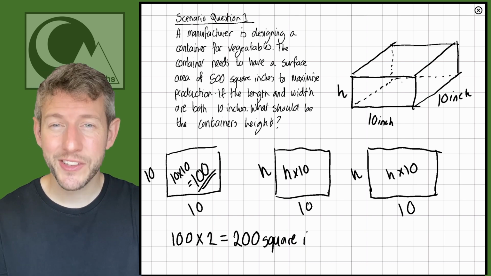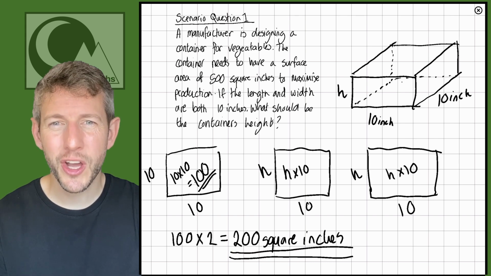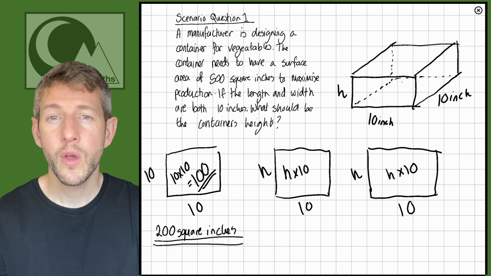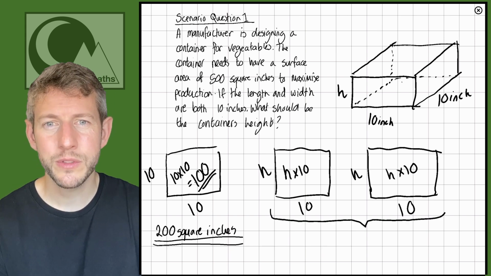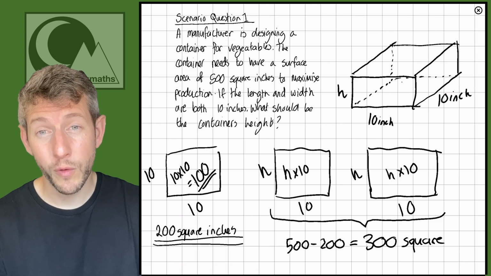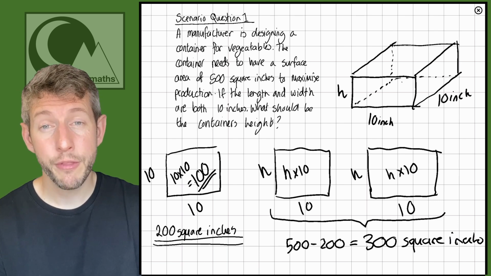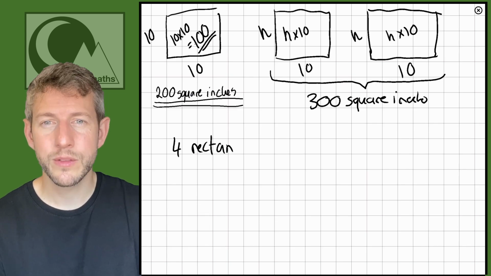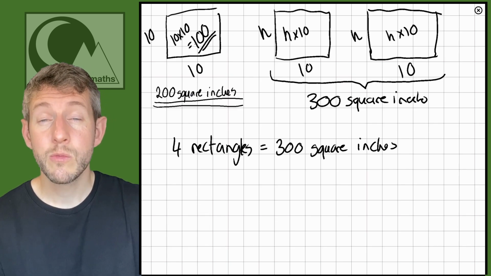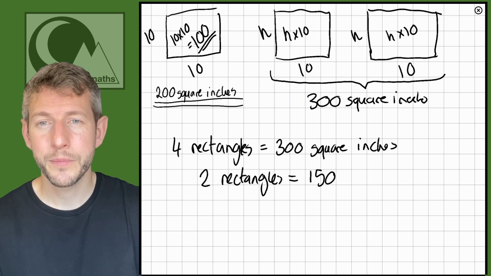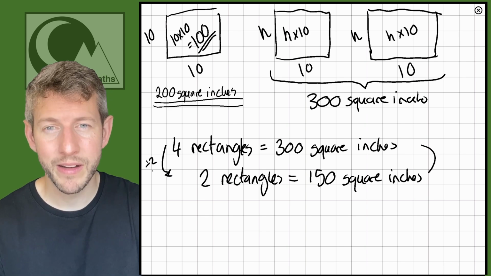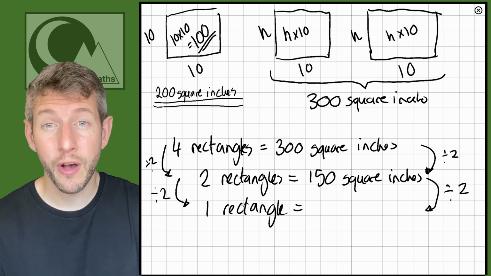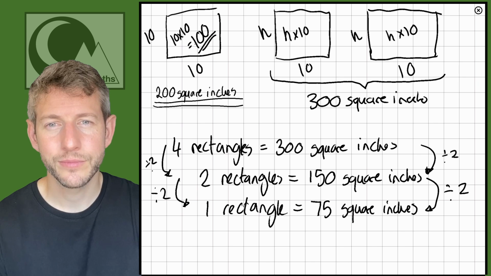So the 10 by 10 sides are going to take up 200 square inches, which means the other four rectangles are going to take up 300 square inches. If four rectangles take 300 square inches, then two rectangles take up 150 square inches, which means one rectangle is going to take up 75 square inches.